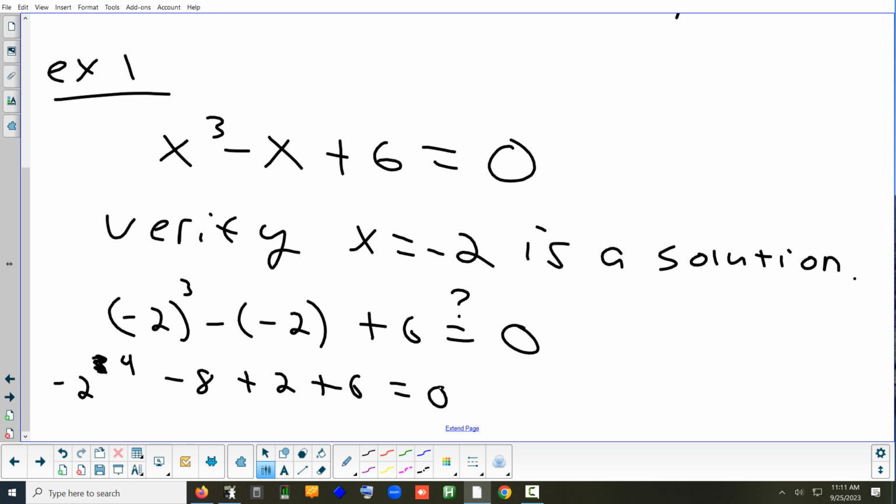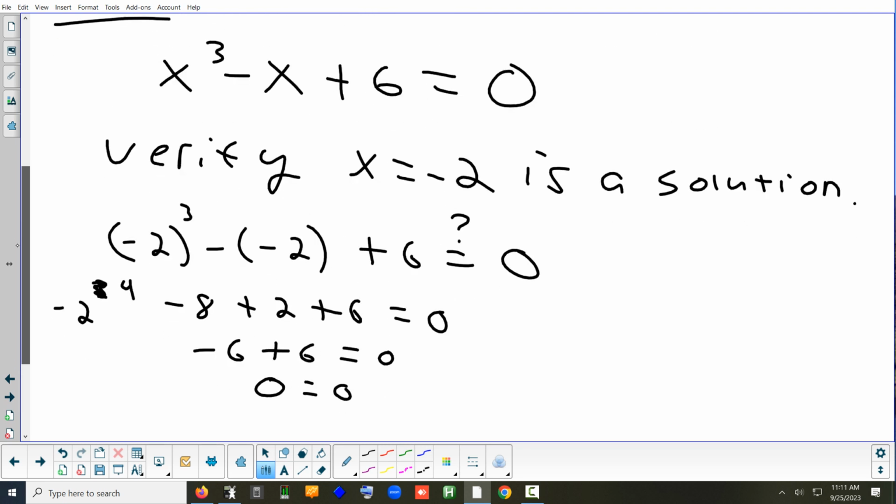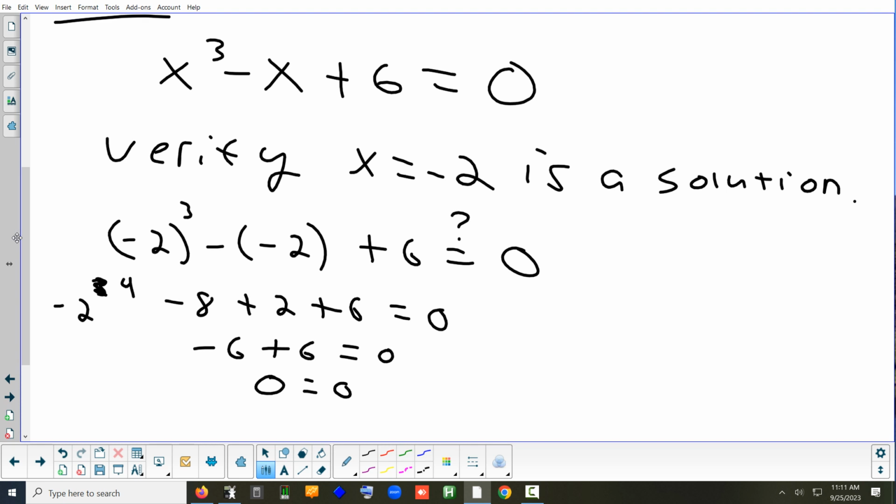And then what's -8 plus 2? -6. Plus 6, 0. So when you get 0 equals 0, you've checked your answer, and it works. I know I'm going kind of quick through this, but hopefully nothing new here. Any questions on that?